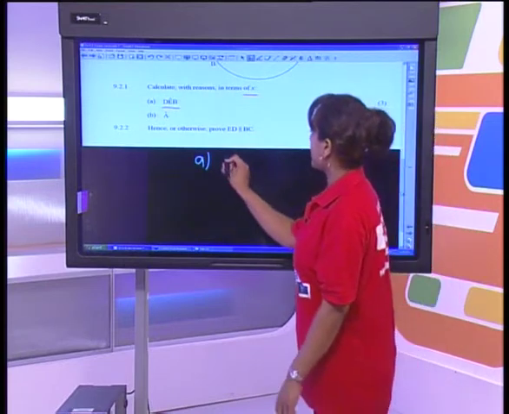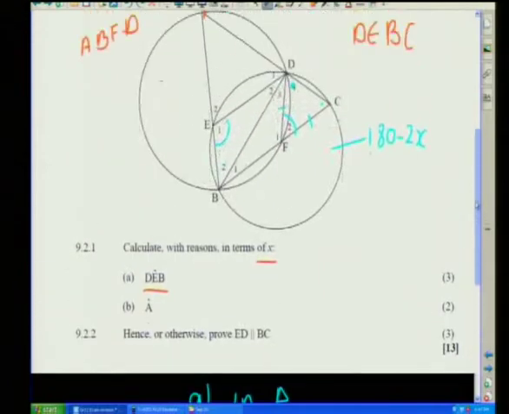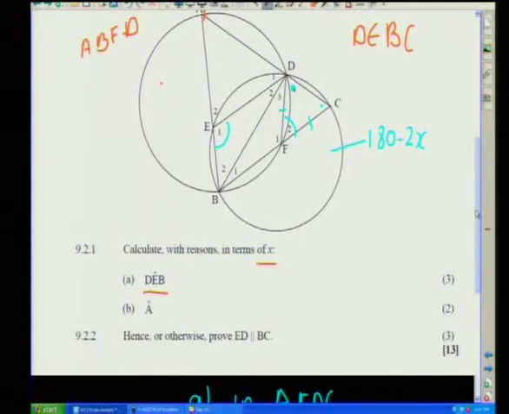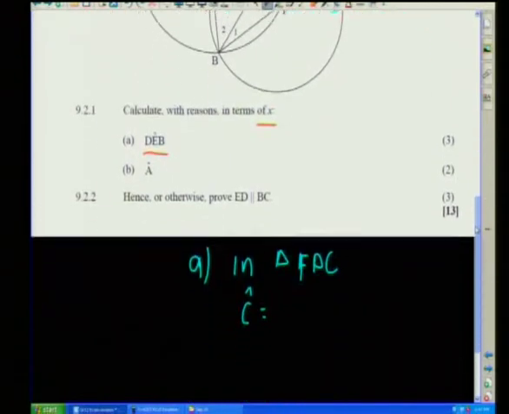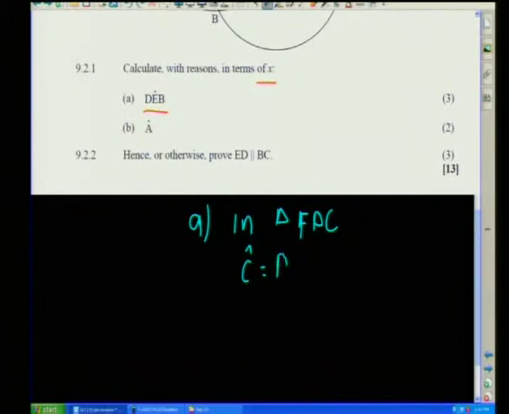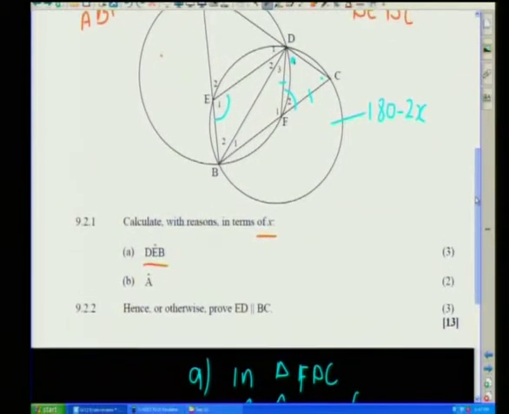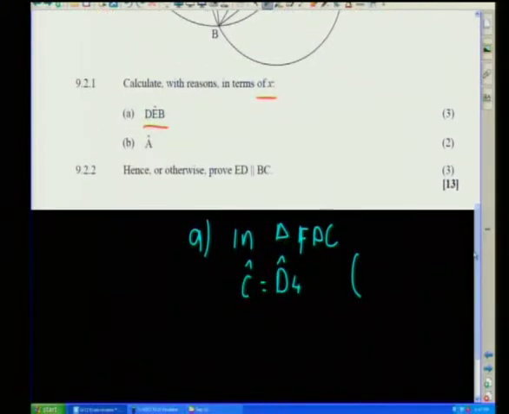So this is now in triangle FDC. We know that angle C is equal to D4, and the reason for that is that they told us that FD is equal to FC.